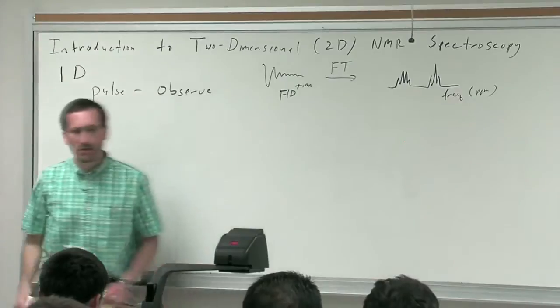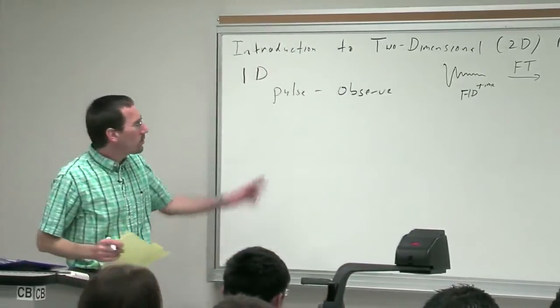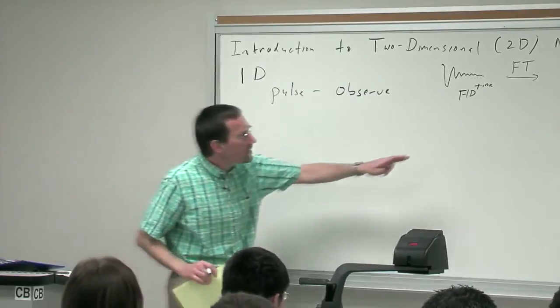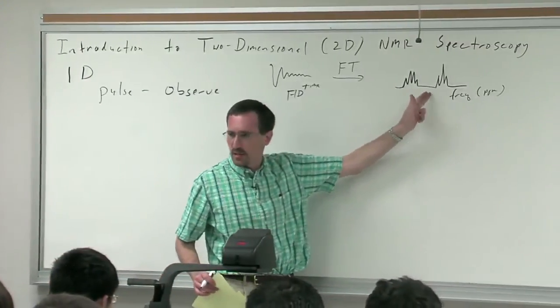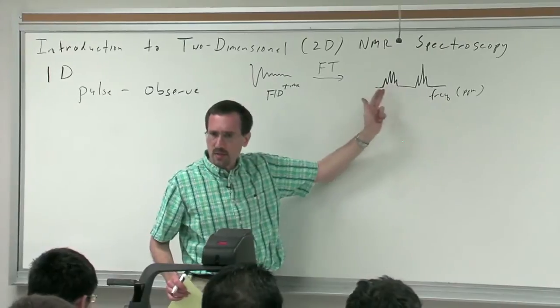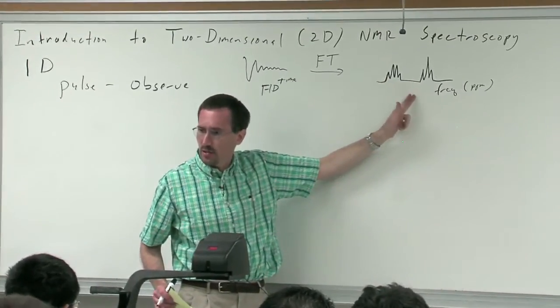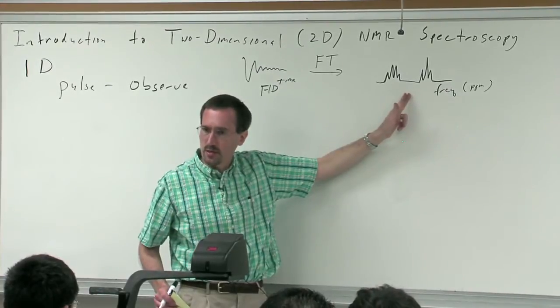on the horizontal dimension. And the reason we call this one-dimensional NMR spectroscopy is not because this is a 1D graph. It's not. You'd say this is a 2D graph. It's because you have one time dimension, and that gets transformed to a frequency dimension.